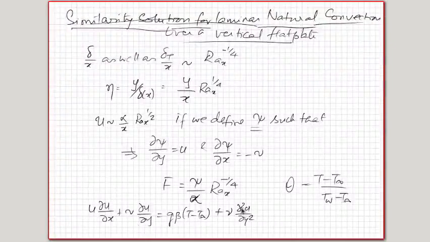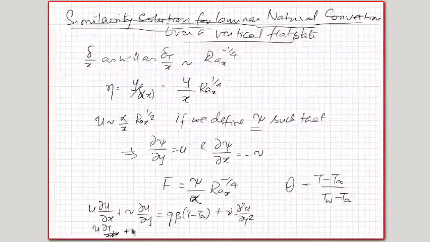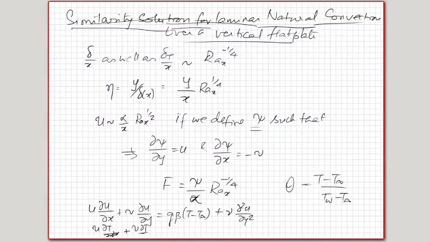So this is the momentum equation. The energy equation is similarly u del T by del x plus v del T by del y is equal to alpha del squared T by del y squared.